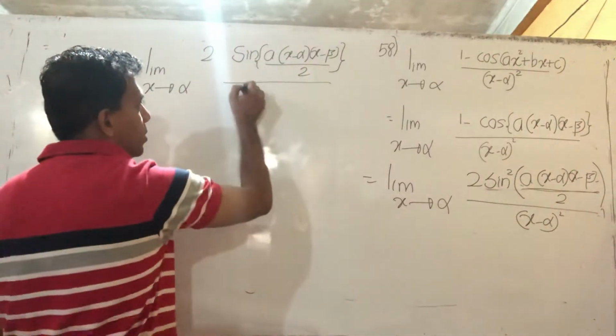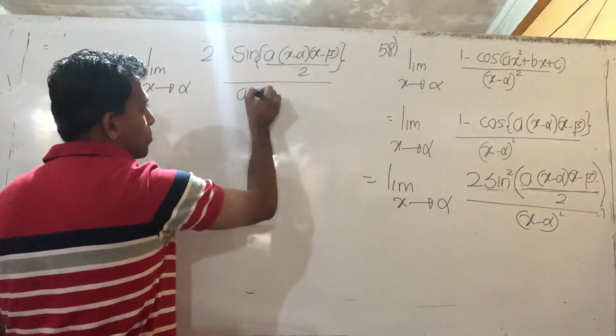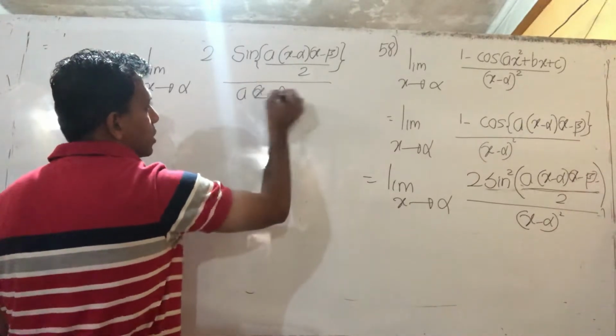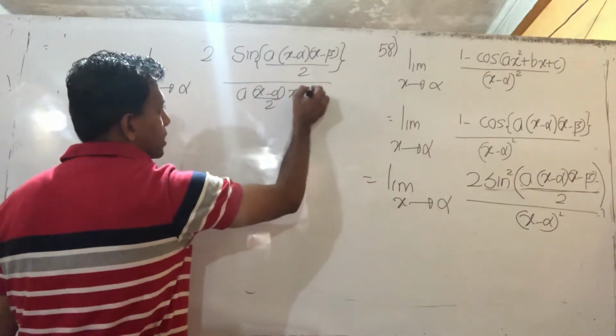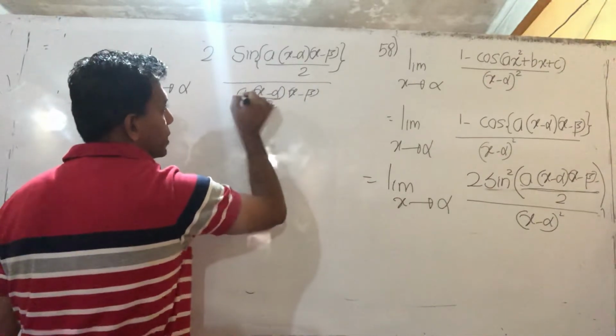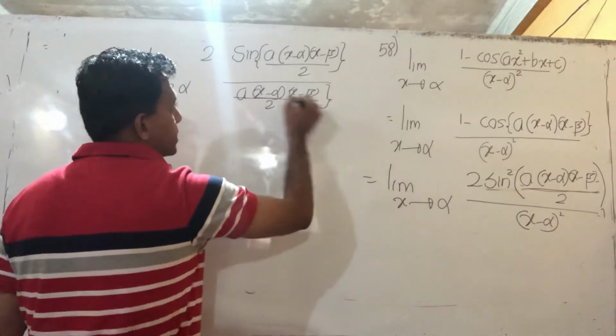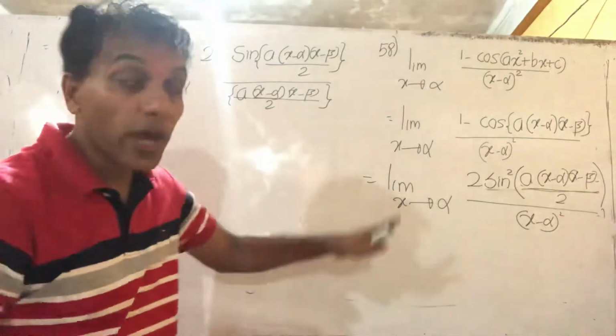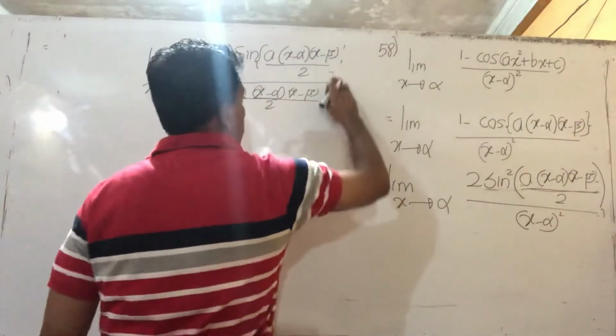So first you write this part, a(x minus alpha) over 2 into (x minus beta), everything divided by 2 sine theta over theta pattern. But here there's a square, therefore can I write completely square?